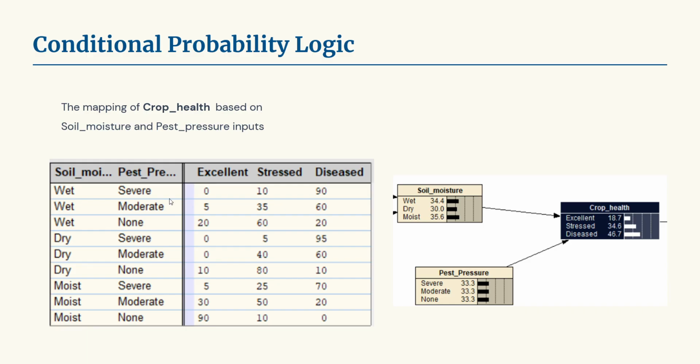For every pair of soil moisture and pest pressure, we have a conditional probability value for all excellent, stress, and disease conditions under the crop health.